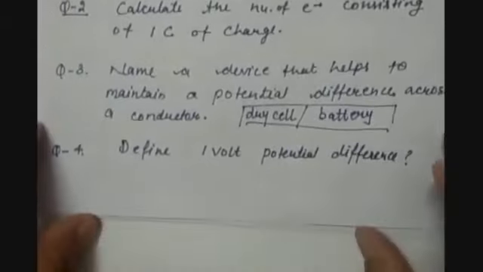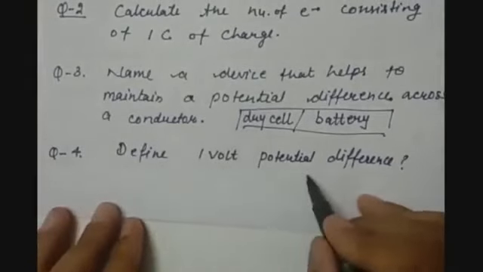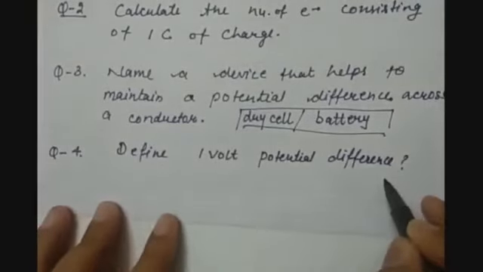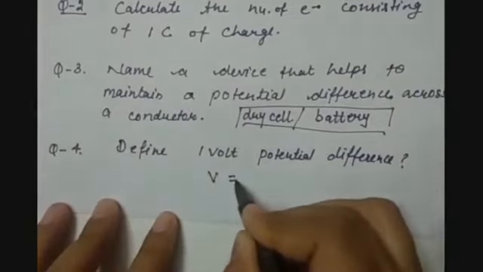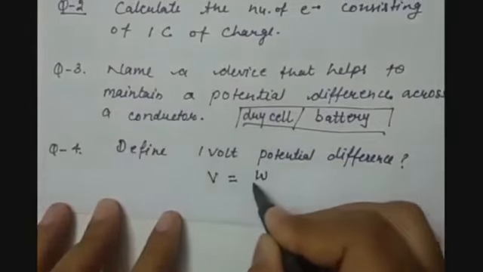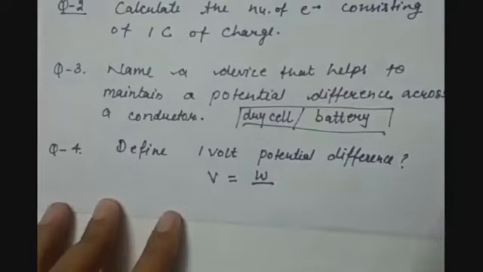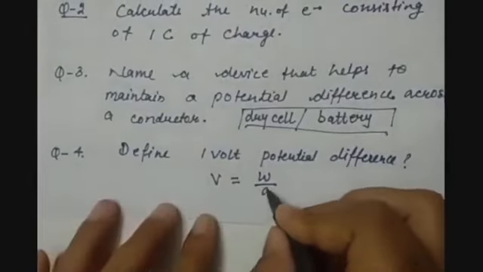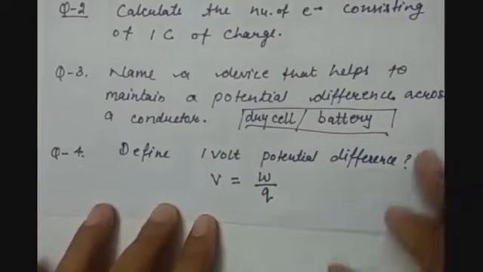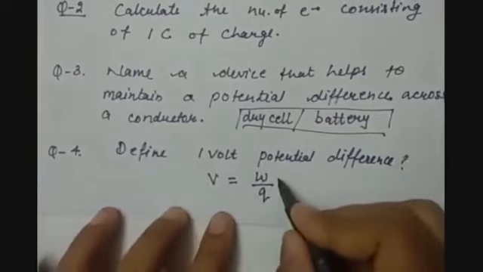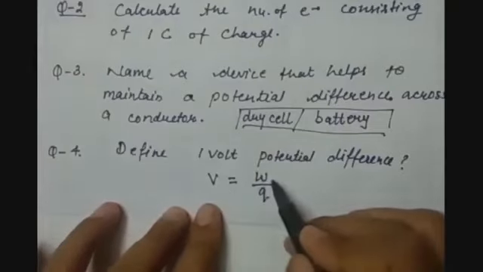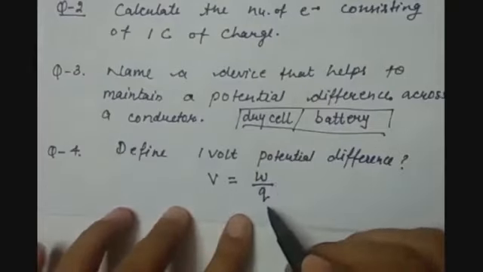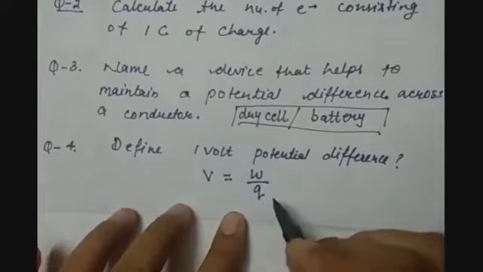Next question is, define 1 volt potential difference. What is the formula for potential difference? We know this is electrical work done upon per unit charge. So we have V is equals to W upon Q, where V is the potential difference, W is the electrical work done on Q charge.